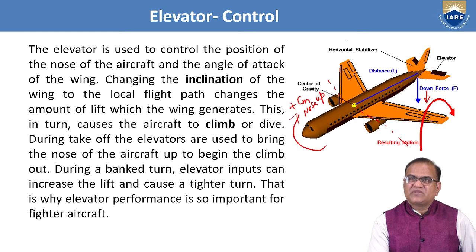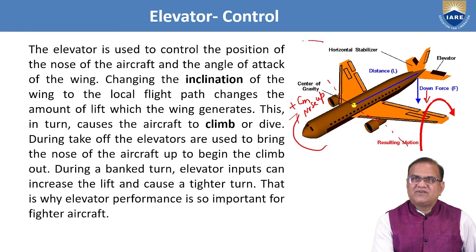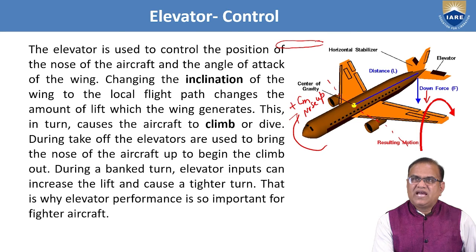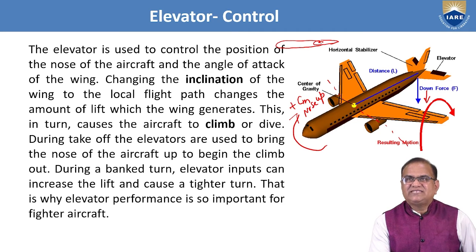So if you see here, I am drawing one small diagram. It will make it very clear. Initially this is the elevator, and this is the chord. But if I change it like this, now the chord is like this.